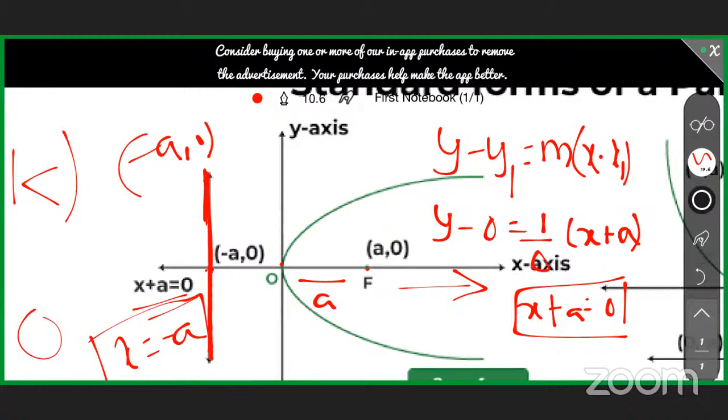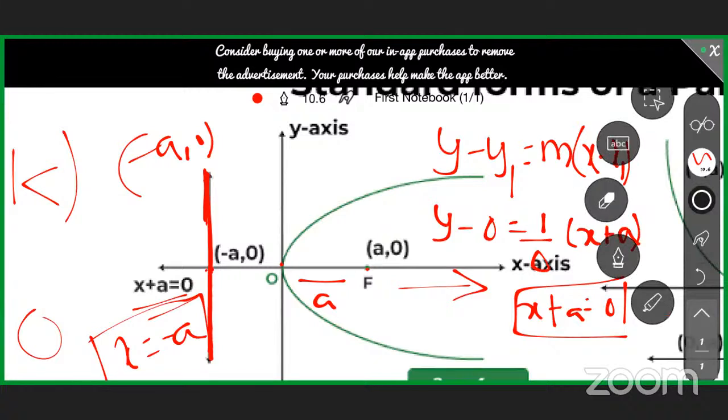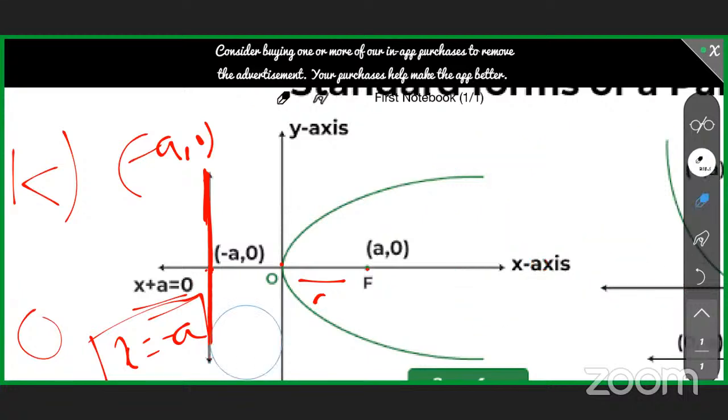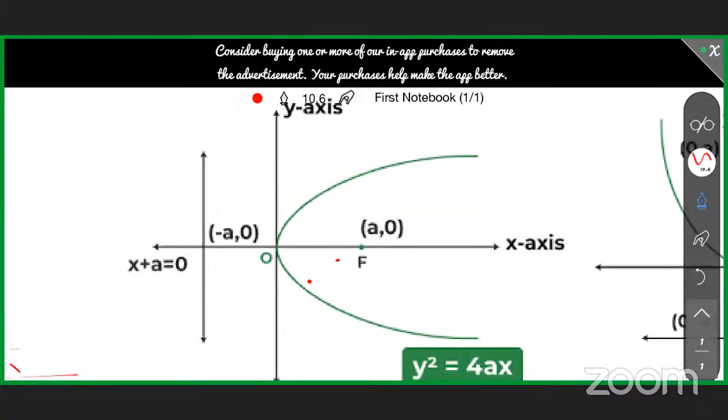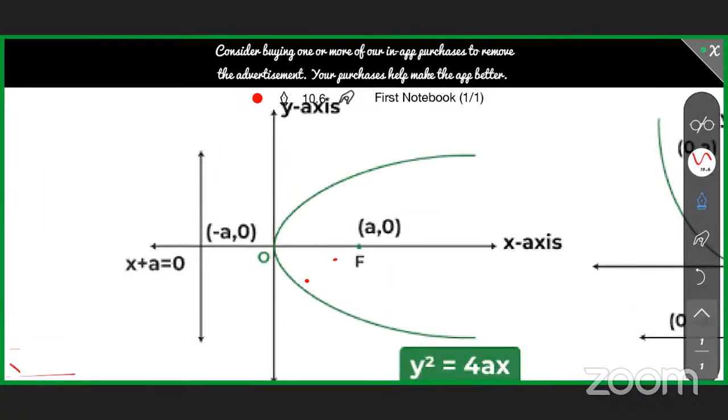The parabola y square is equal to 4x is on the positive side of the x-axis, where the focus will be a comma 0, and opposite to that there is a fixed line whose equation is x plus a is equal to 0 or x is equal to minus a, and the vertex is 0 comma 0.